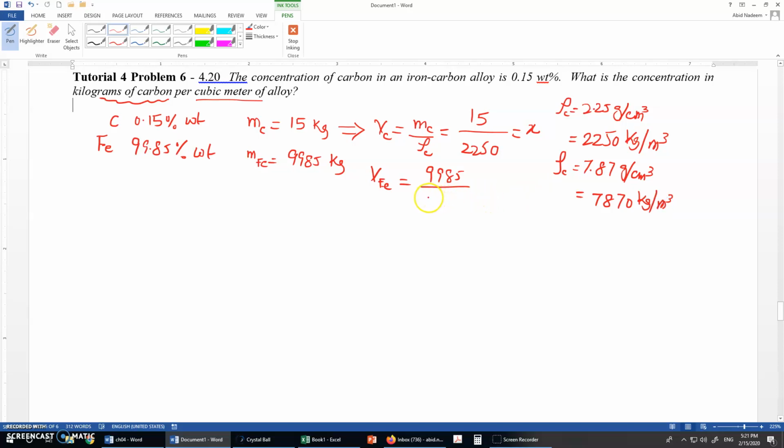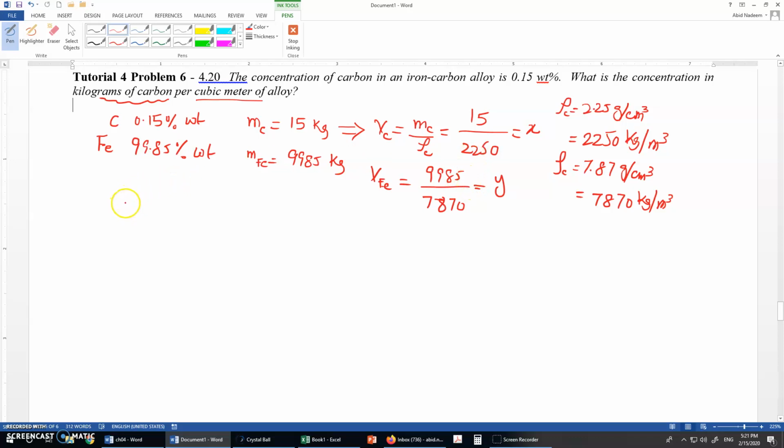So you will divide it by 7870. Okay, so this will be a value y. So now we will have the volume in cubic meters over here.